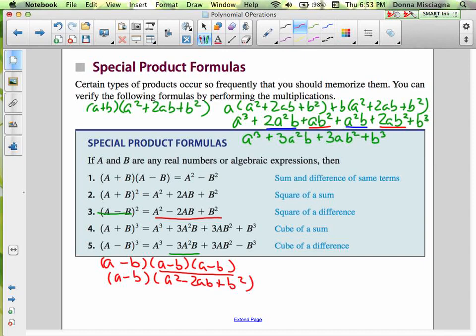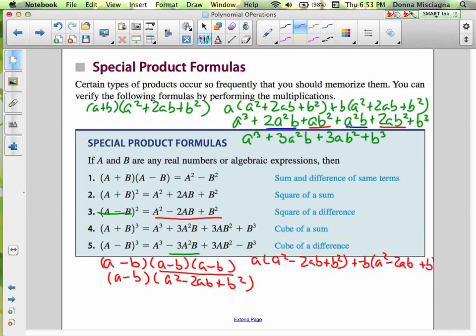Now when we go and multiply, we're going to end up with one of our values being negative. Let's take a look at that one. So we have a times (a squared minus 2ab plus b squared), minus b, or plus a negative b, times (a squared minus 2ab plus b squared).